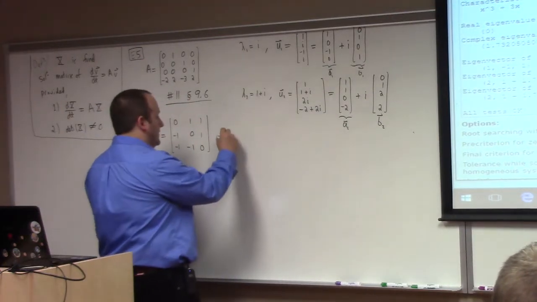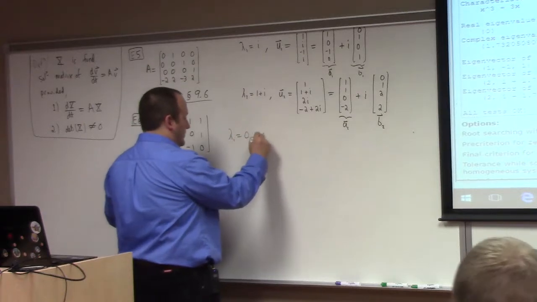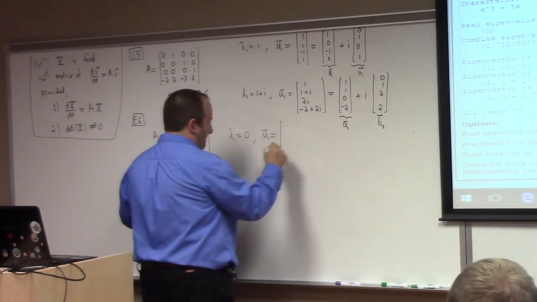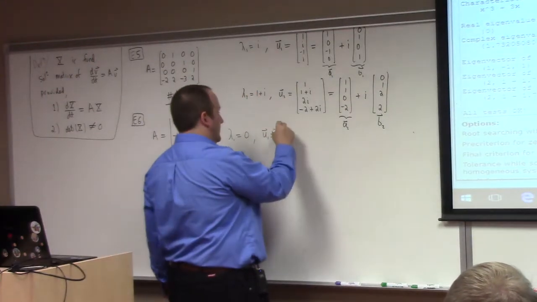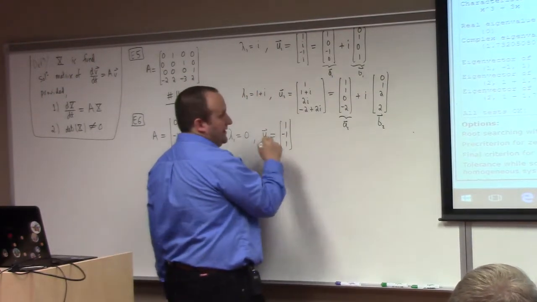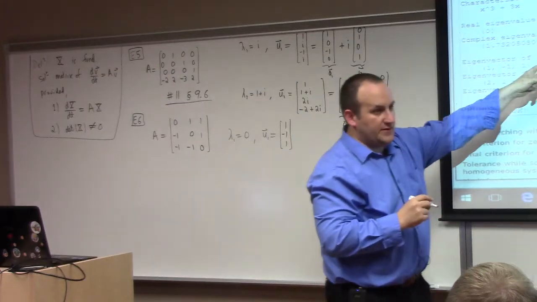So we have lambda 1 equals 0 with u1 equals 1, minus 1, 1. That's my eigenvector with eigenvalue 0.